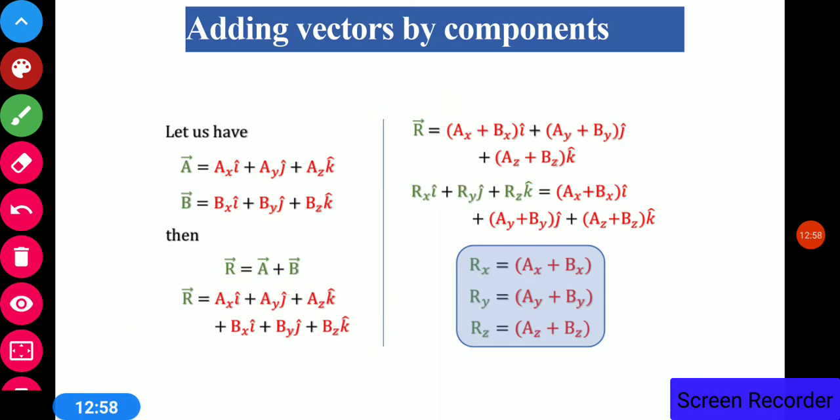R can also be written as Rx, Ry, Rz. By comparing we get that Rx is Ax plus Bx, Ry is Ay plus By, and Rz is equal to Az plus Bz.